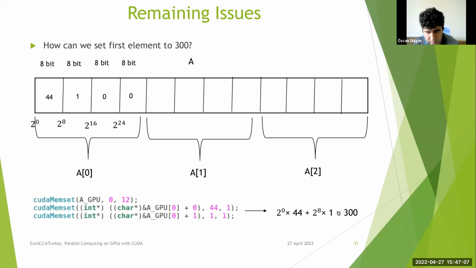Of course, there are remaining parts I skipped here: 2^16 times 0 plus 2^24 times 0, and it will give us 300. We can calculate the actual value with this approach. So it is important. When we set these values, we get 300 for the first element of A.